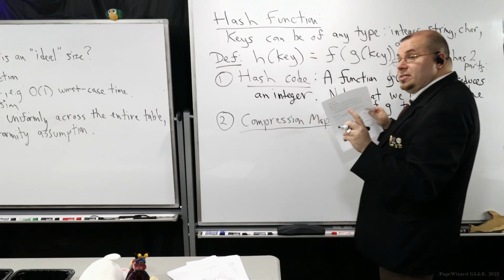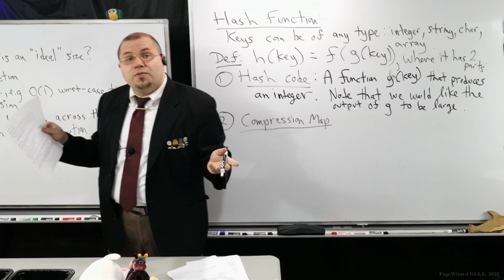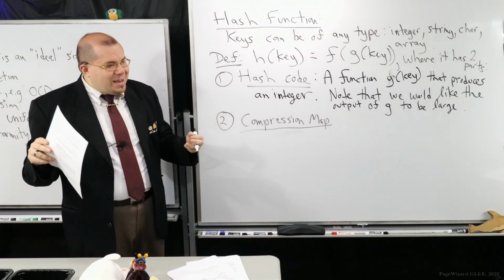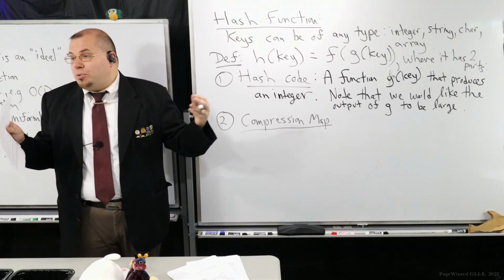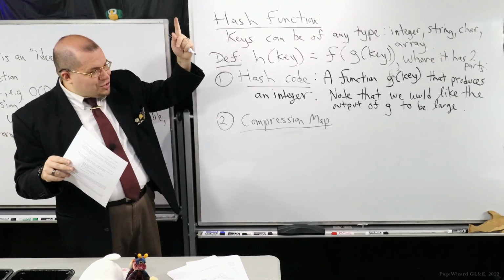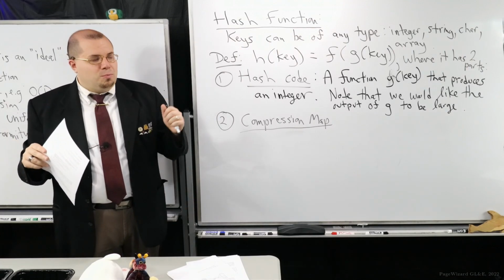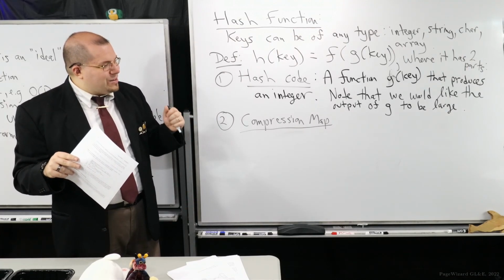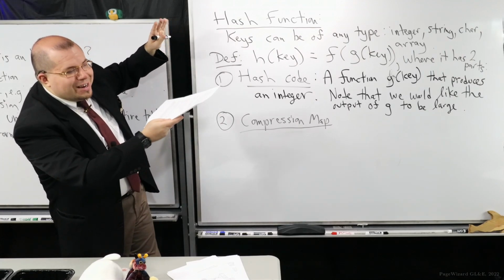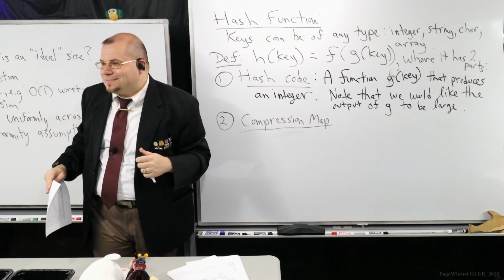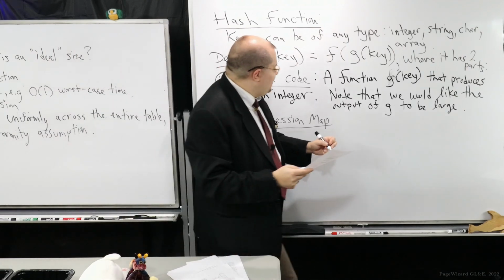Why? Because we want to spread the keys uniformly across the table, or even if we can't necessarily do that with our hash code, and it may be a very poor hash code, it at least will make sure that we can reach all of the slots in the table. That's one big element of this. If we don't have this, you're going to have all of your records just constrained at the top of the table or something like that. So that's the first thing.